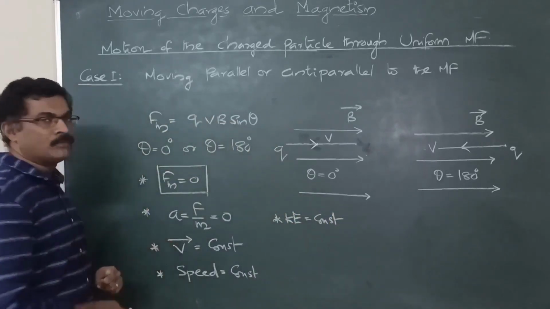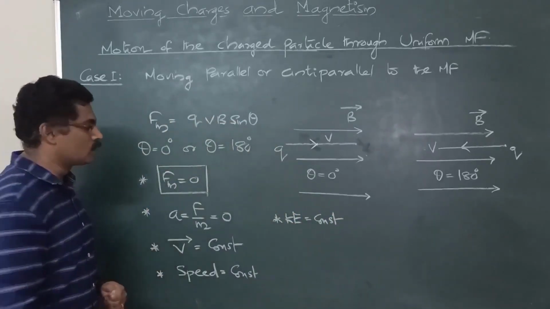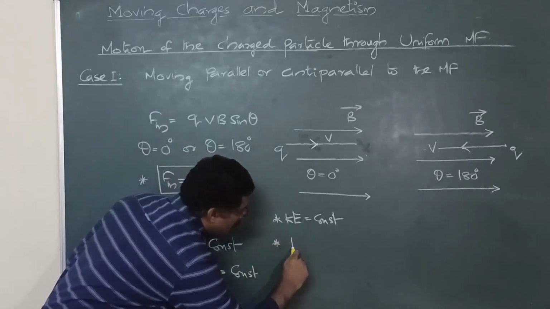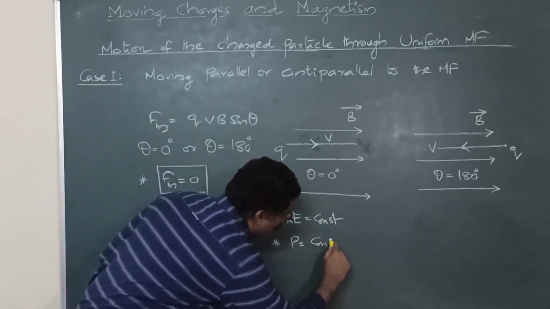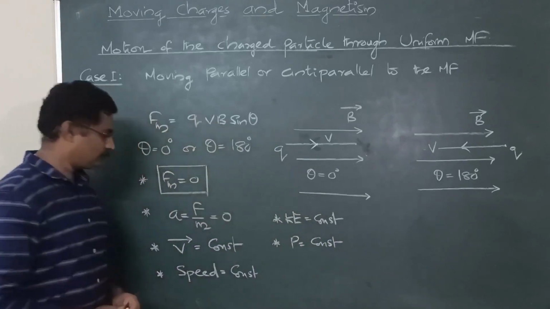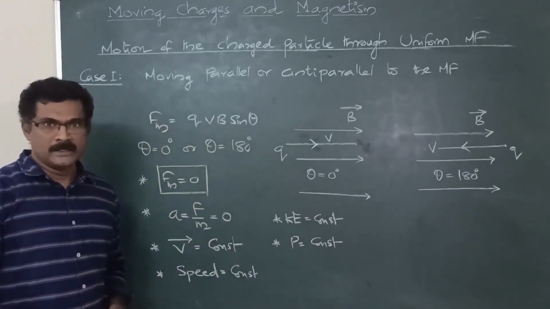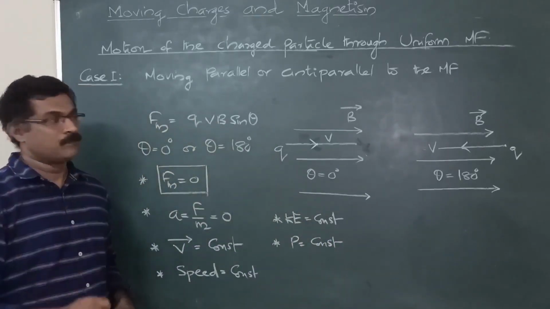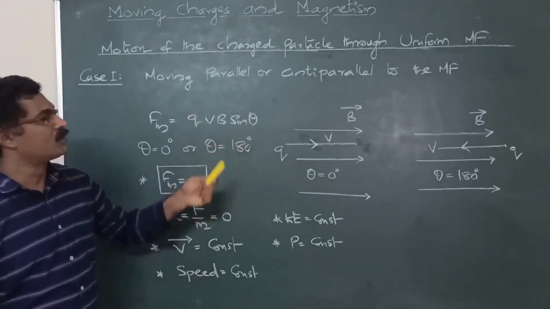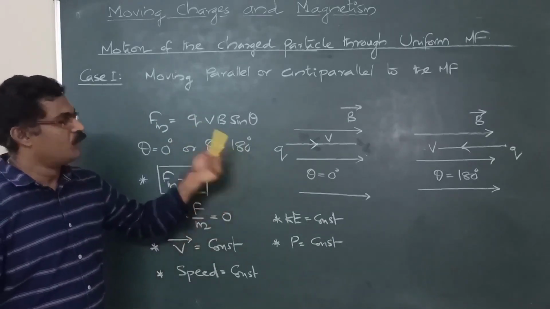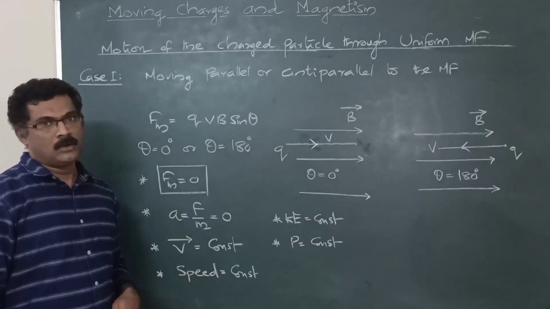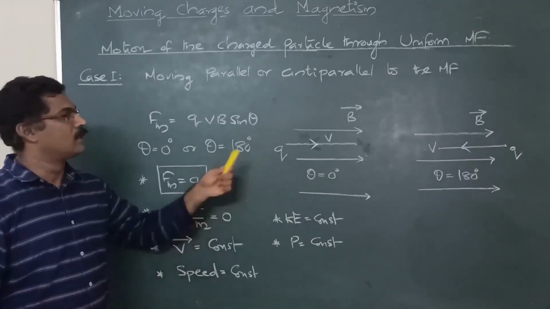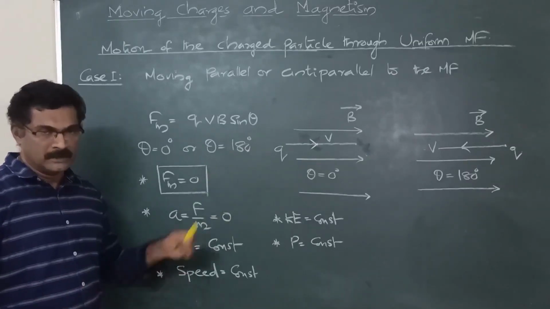What about the momentum of the charged particle? Velocity is constant, therefore momentum of the charged particle is also constant. You got it? Now the question is, what type of motion does the particle execute in this case?